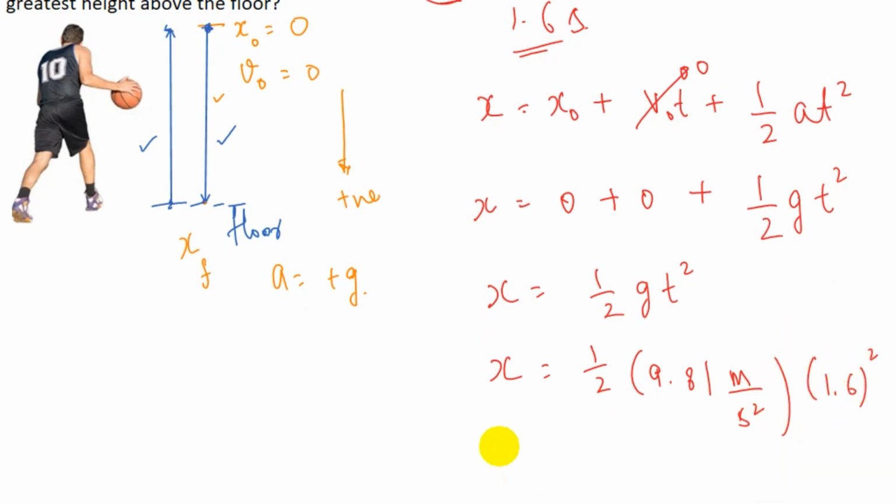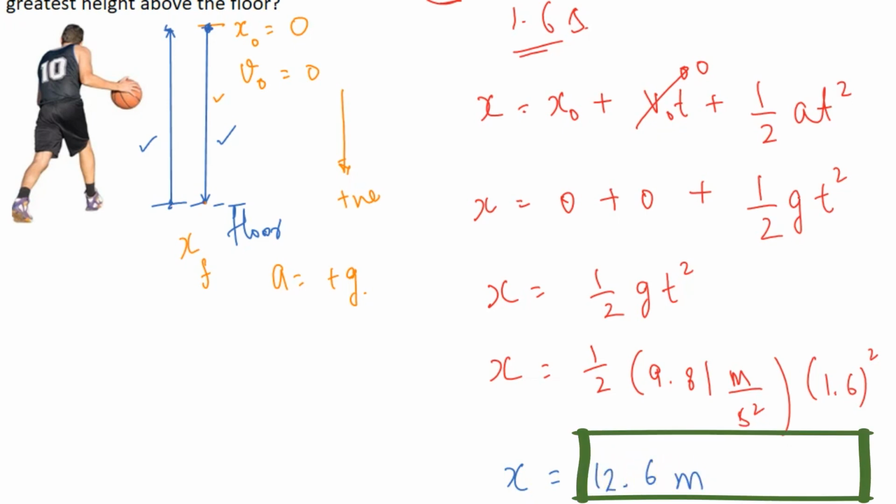Now we can solve this using our calculator, and we get the value of x to be nearly 12.6 meter, which is approximately equal to 41 feet. So we have calculated that this distance from this point to this point is 12.6 meter, so this distance would also be 12.6 meter. So the maximum height reached by the ball is 12.6 meter.